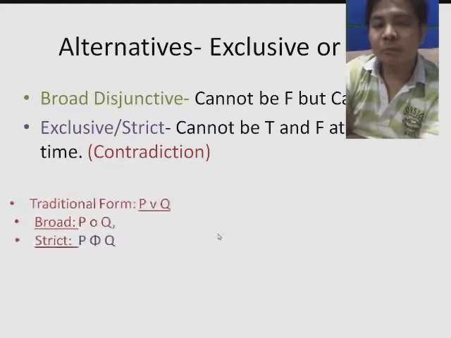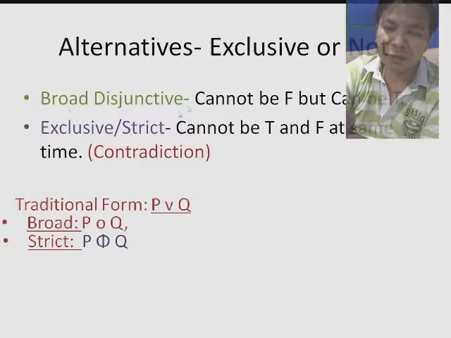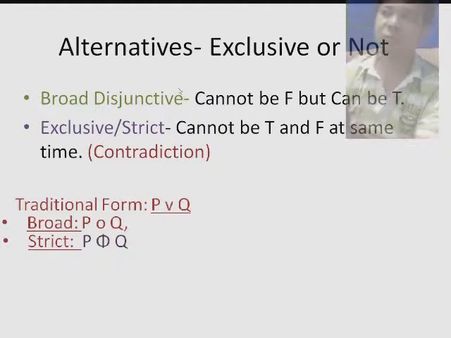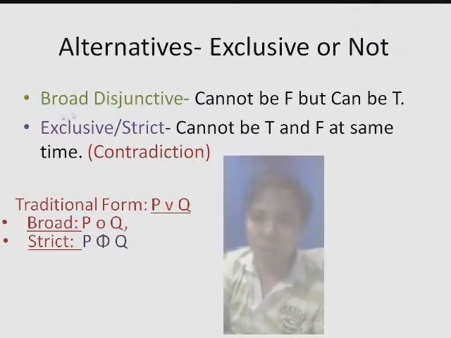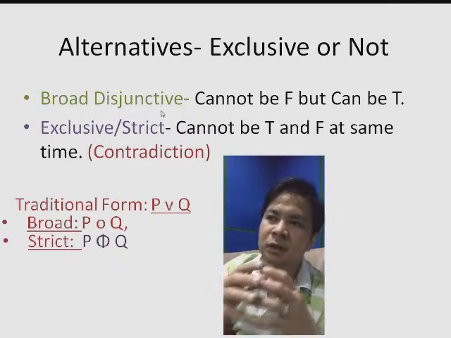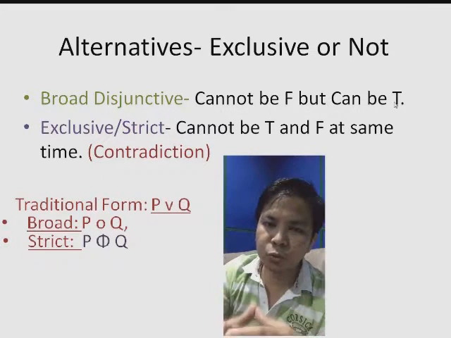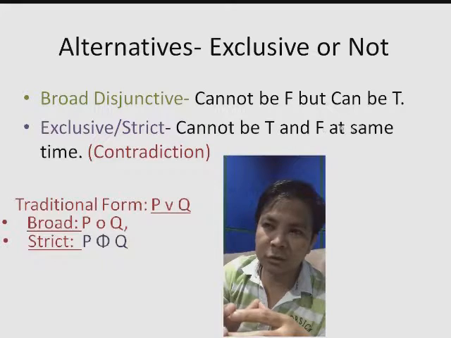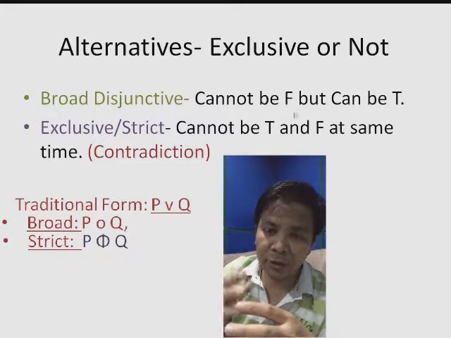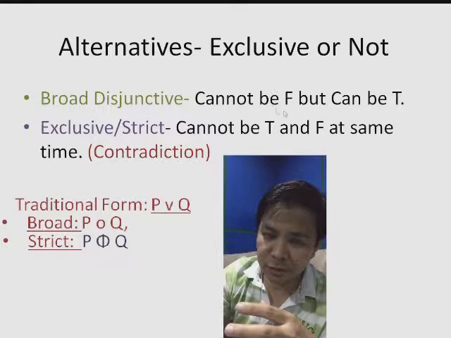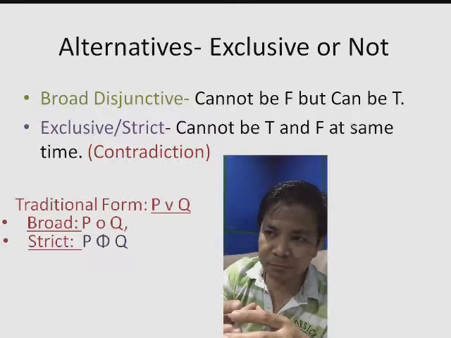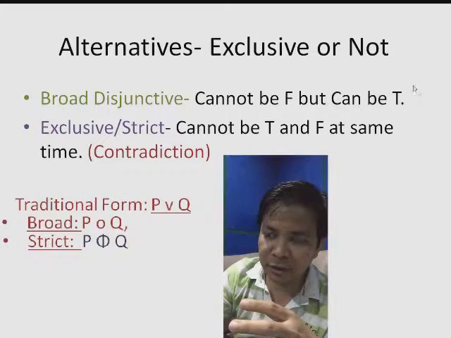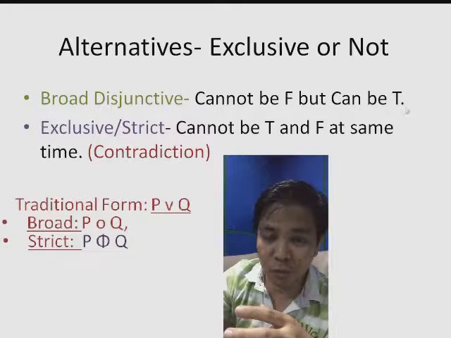And the other type of disjunctive relationship or disjunctive proposition is called the broad disjunction. So the rule of broad disjunction is this: the truth of one disjunct excludes the truth of another disjunct, but the falsity of one disjunct does not necessarily assert the truth of another disjunct.